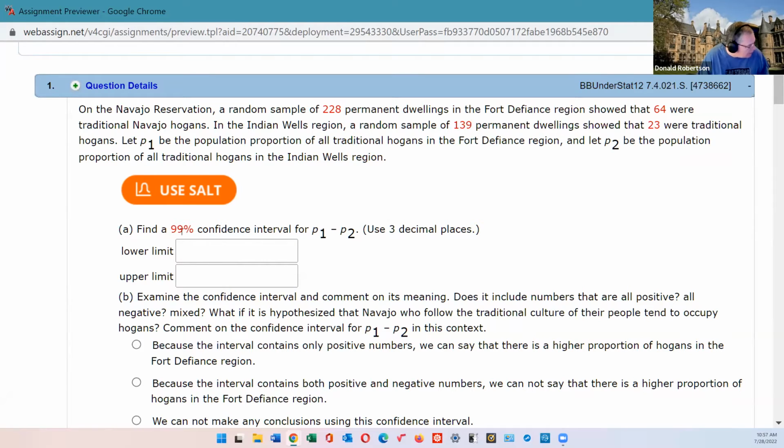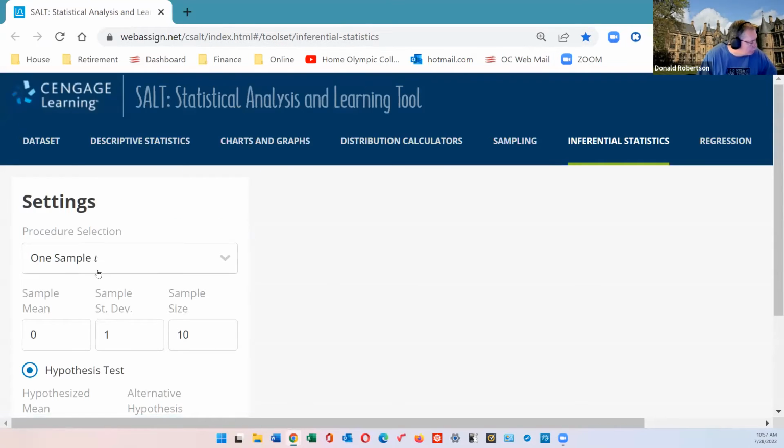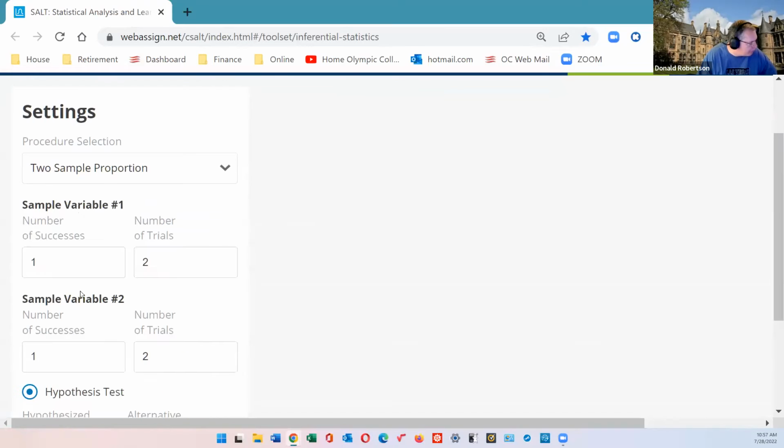And I wish they'd put a 90 or a 95 sometimes, just to be different. It's not a biggie, but 99 it is. So I'll hit use sort. We'll do the two sample proportion. The first one was 64 out of 228, and the second one was 23 houses were the traditional style out of 139.